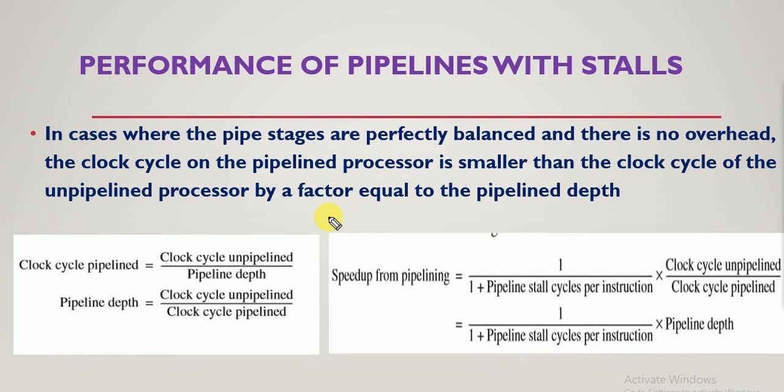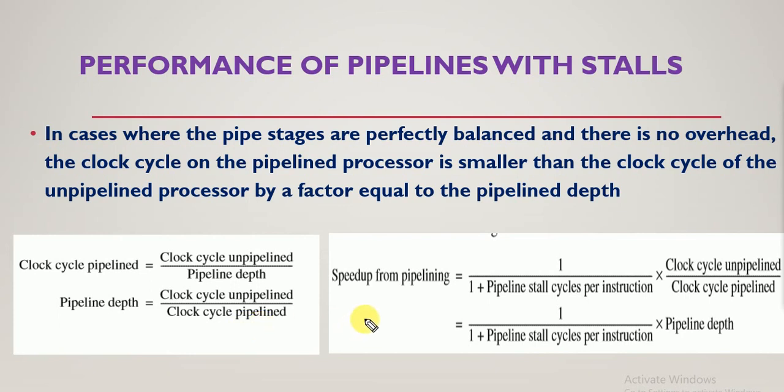Pipeline depth is the total number of stages present in the pipelined architecture. So clock cycle pipelined is equal to clock cycle unpipelined divided by pipeline depth. Now pipeline depth can be evaluated as clock cycle unpipelined to clock cycle pipelined.